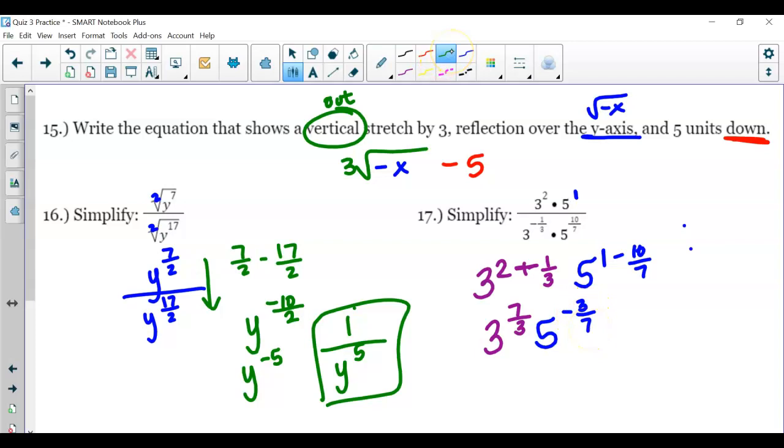However, notice we have the negative exponent with that base of 5. So here, we're going to keep 3 to the 7/3. Our exponent is still positive. However, to get this exponent to be positive, we need to reciprocate. So that's why the 5 is 1 over 5, in our denominator, 5 to the 3/7 power.